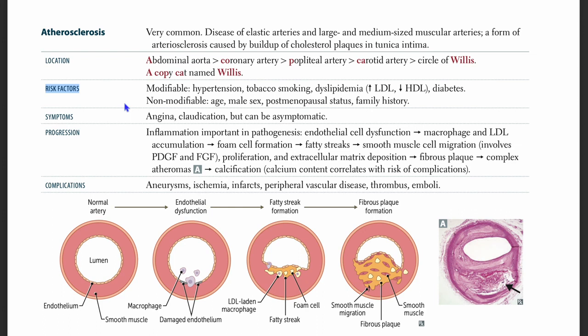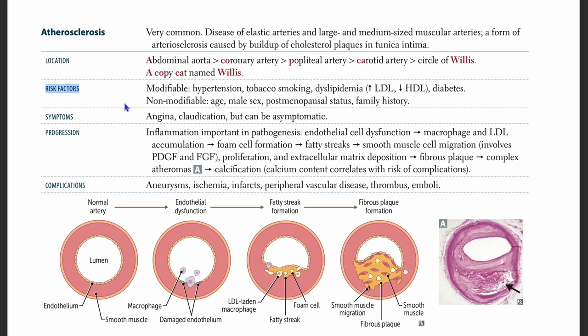Then the non-modifiable you can't do anything about is age, male sex, postmenopausal status, and family history. Symptoms are angina, claudication, but can be asymptomatic as well. The angina one is the important one. It will come when we do angina.